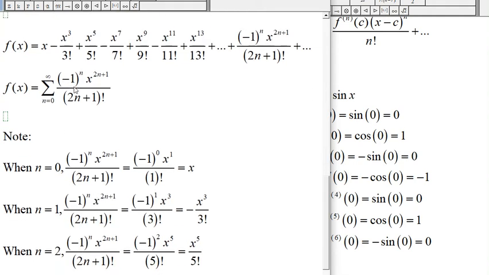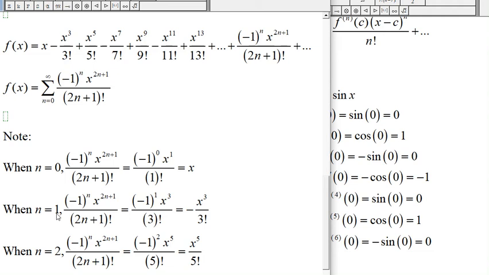So when n is 0, then we get negative 1 to the 0, and then 2 times 0 plus 1 is 1, and this is 2 times 0 plus 1 is 1. And so we get x, and then negative 1 to the 0 is 1, and 1 factorial is 1, so we end up with just x.